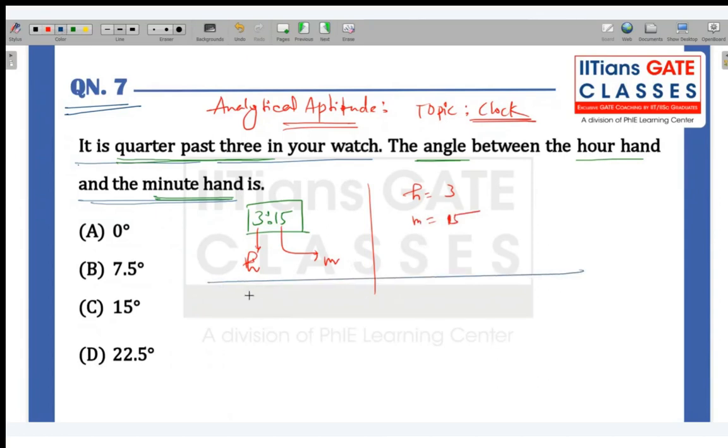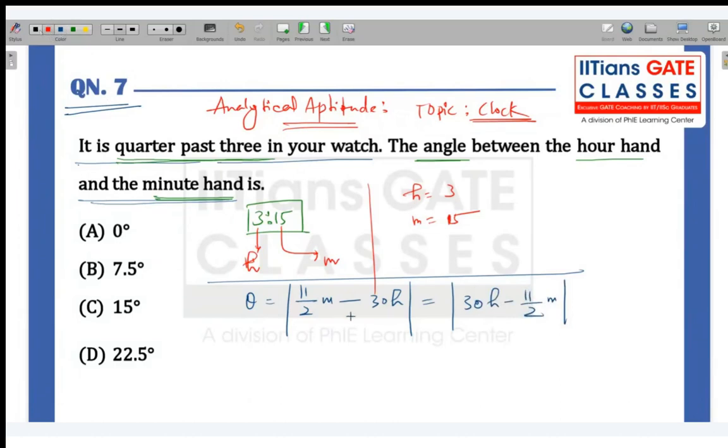The angle theta between the hour hand and the minute hand is the absolute value of 11 by 2 M minus 30H. You can also write it as 30H minus 11 by 2 M. Plug in H and M and you will get the answer quickly.